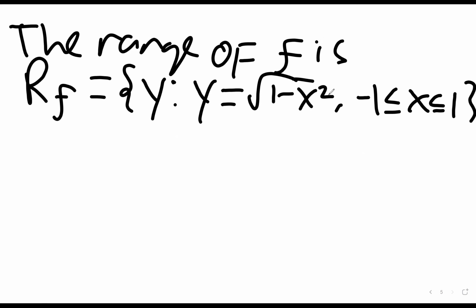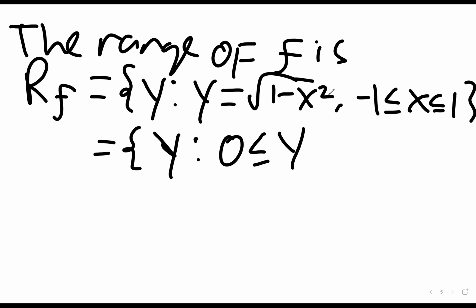Of course, in this case, the square root of 1 minus x squared is always non-negative. So y is greater than or equal to 0, but y is less than or equal to 1. So that will be the range of f.